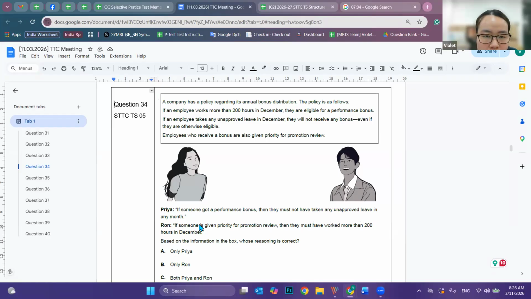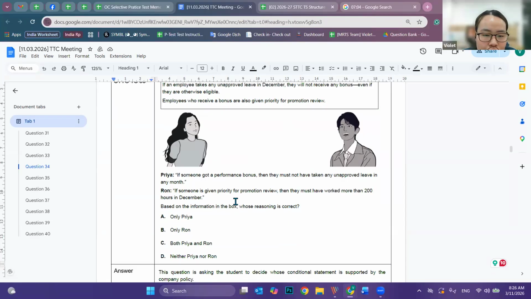Priya is incorrect, because the policy only mentions unapproved leave in December, not leave in any month.